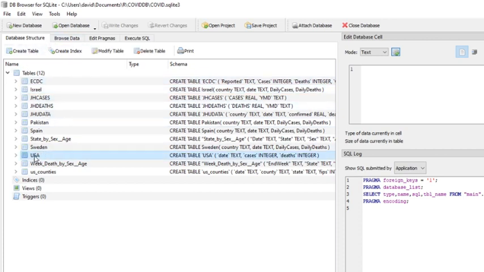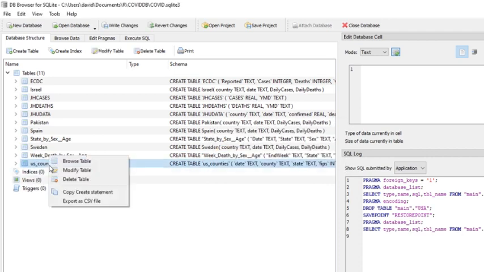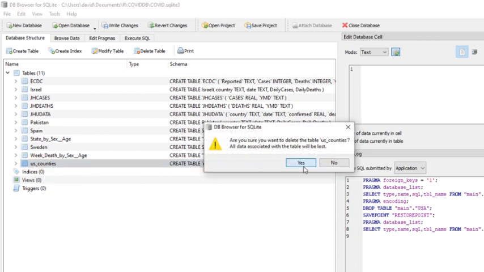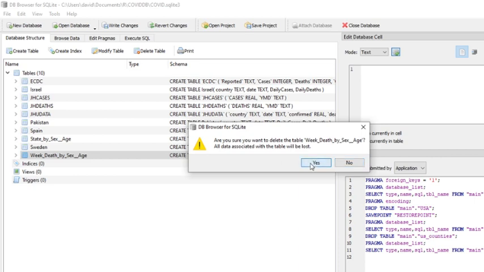Okay, let's go to USA, US counties. This. Okay.